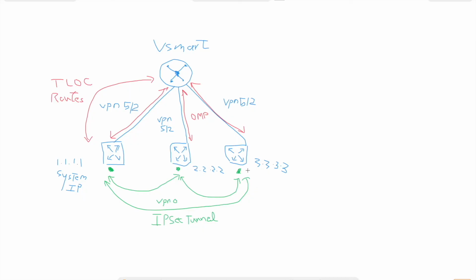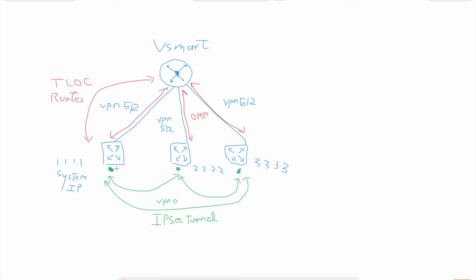We have 3 vEdge routers connected to one vSmart controller. Each vEdge router has its system IP: 1.1.1.1, 2.2.2.2, 3.3.3.3, and each one has a VPN 0 represented with the green color.